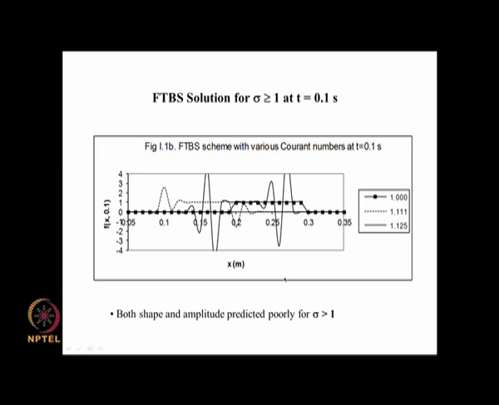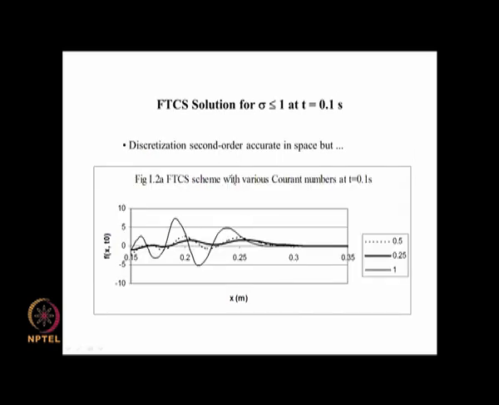Now you look at the other, FTCS. We expect this to be more accurate than the FTBS scheme because this is second order accurate in space. Here we are looking again at the same time of 0.1 seconds, and again with 3 different values of Courant number of 1, 0.5 and 0.25, and we should ideally be getting a pulse between 0.2 and 0.3 with an amplitude of 1.